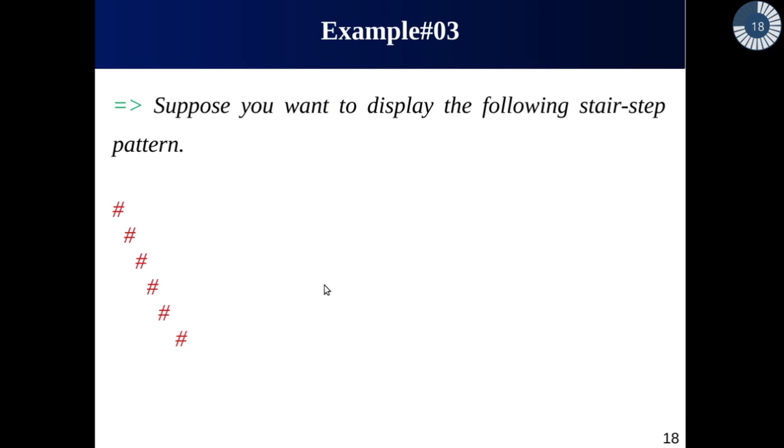Okay, next pattern. Now here the symbol is different. Instead of star, you have to use the hash symbol. Again, total number of rows here are 6, and the total number of columns. But what is happening here?